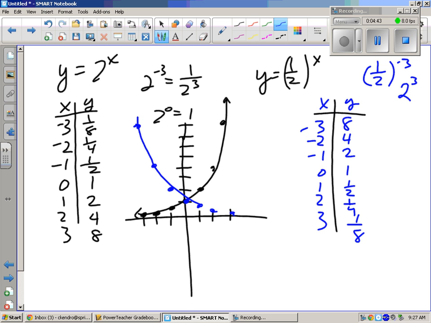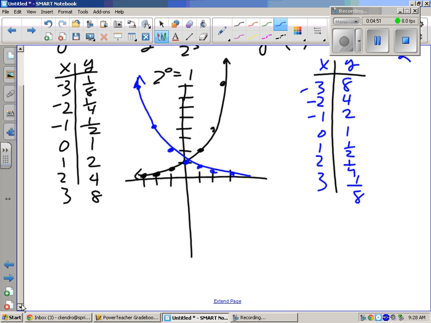So we still have this rising very quickly, but it's rising to the left. So we have a little general statement we're going to take from this. If the base, in our case the 2 and the 1/2, is greater than 1, it rises to the right.